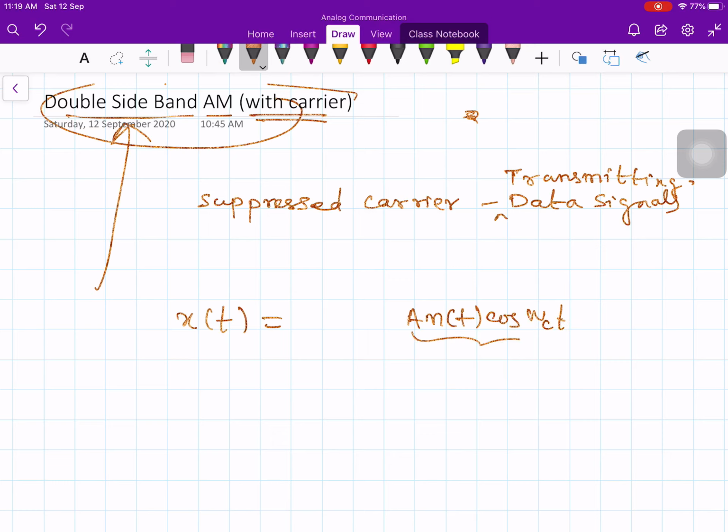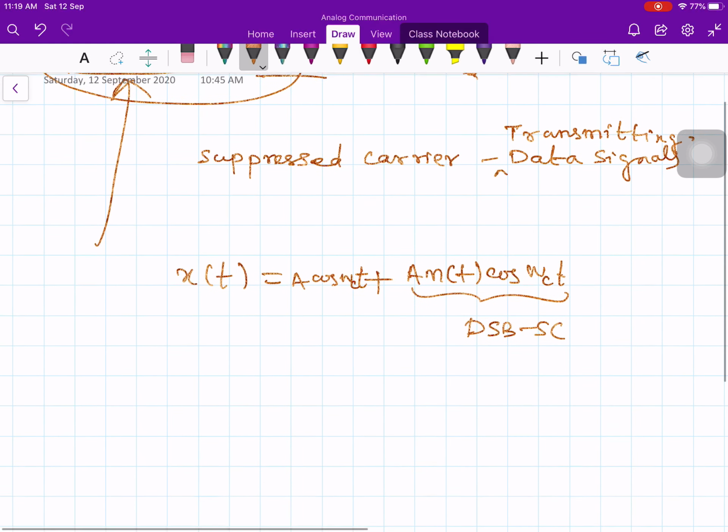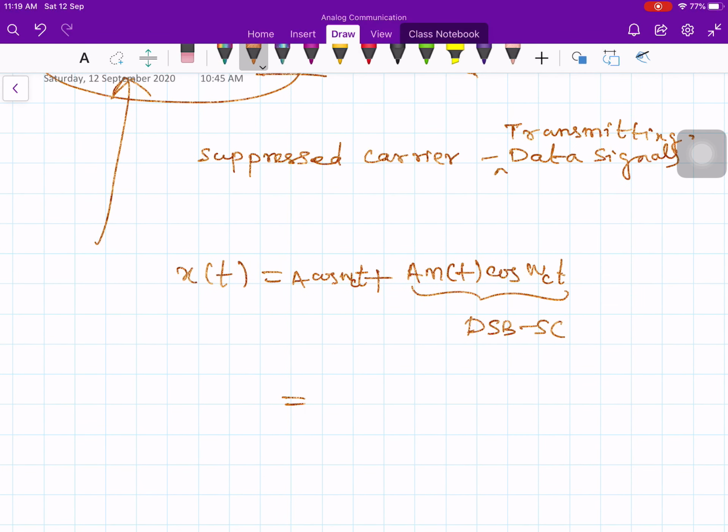This is your DSB SC, in addition to A times cos of omega ct. You are transmitting the carrier with the DSB SC. If you rearrange this, you can take A outside: A times 1 plus m of t, times cos of omega ct.